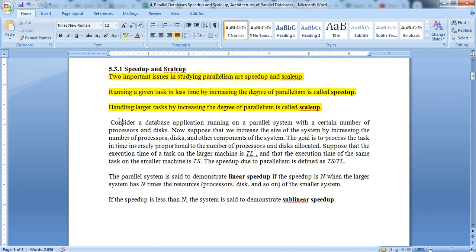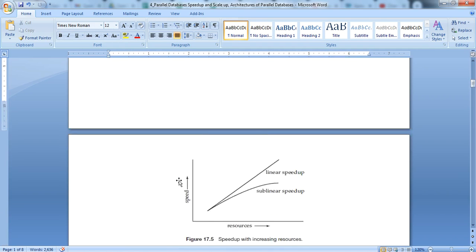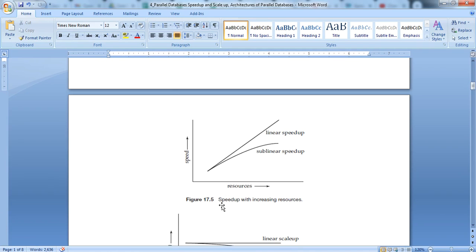Now we will go through some mathematical terms to understand the system. Speed up with increasing resources: if we increase the resources, it definitely increases the speed. That type of scenario is called linear speed up.